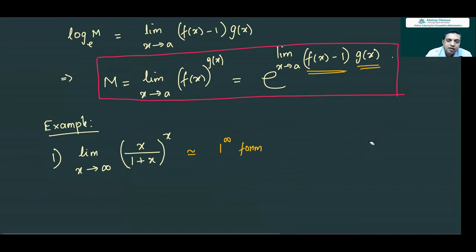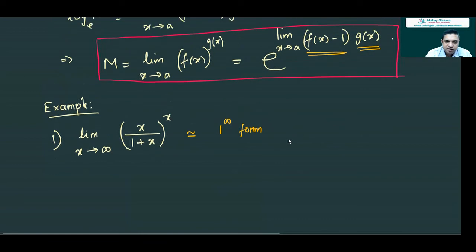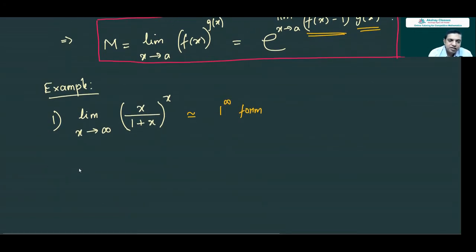Clear? So what is the result we will use? Just the result that is there above. 1 power infinity, f of x minus 1 whole power into g of x limit. If you are in doubt, equate this to m and take logarithm on both sides.